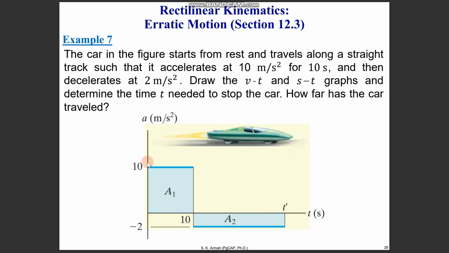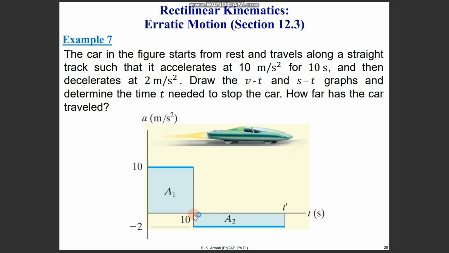So velocity at time 0 is equal to 0, and velocity at time 10 seconds is equal to 100 meters per second. So the body moved from 0 to 100 meters per second in 10 seconds.